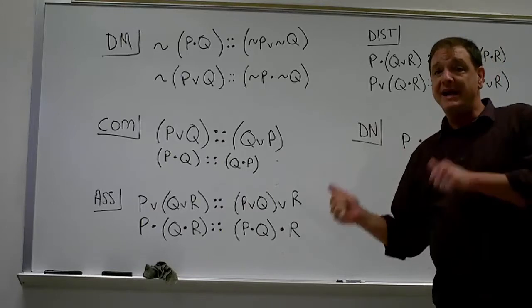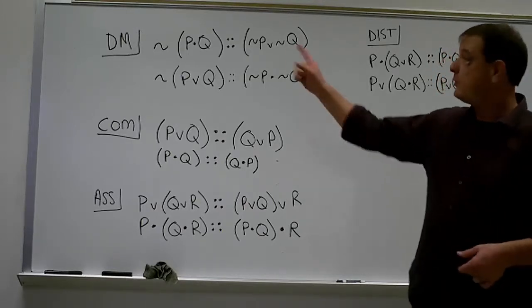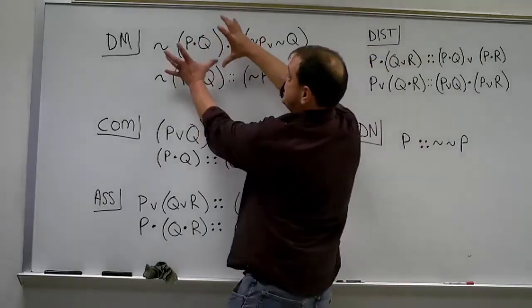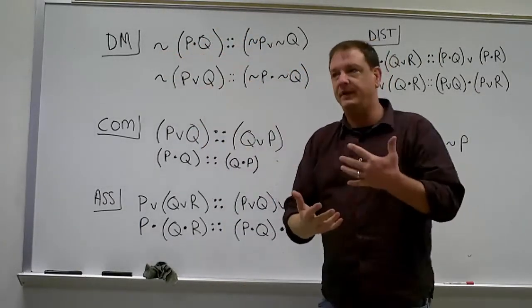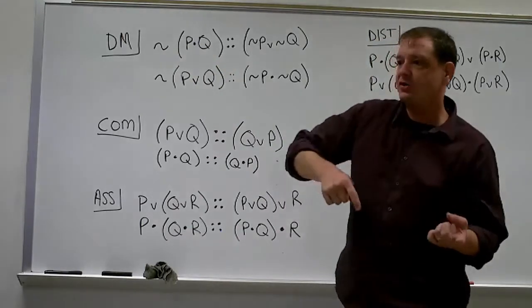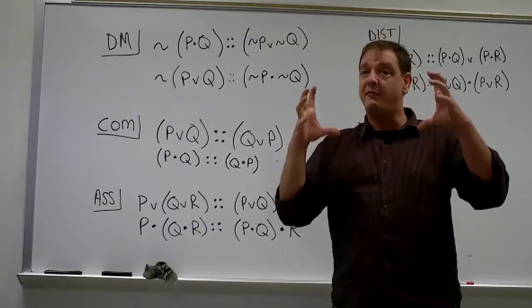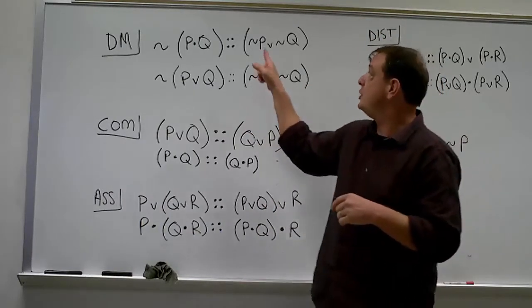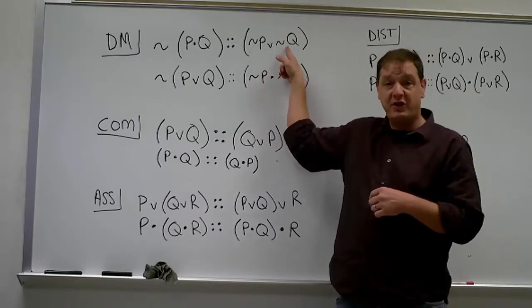They are made true or false under the same conditions. So, for example, with De Morgan's, this first statement says, it is false that P and Q, or in English, it is not true that you have both P and Q. Well, if you don't have both P and Q, then you either don't have P or you don't have Q.